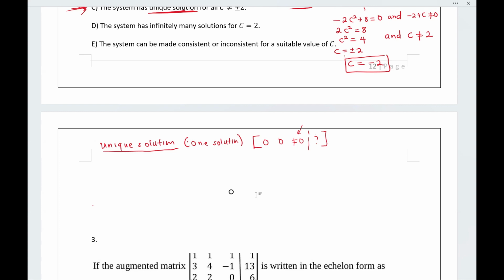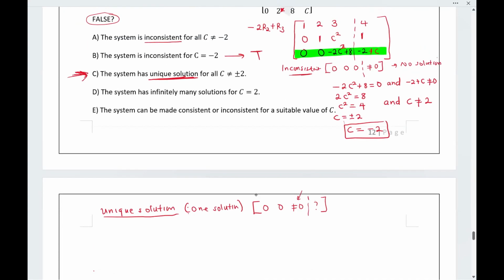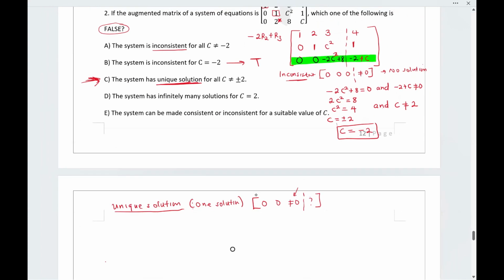So it means that you have to go back to our matrix. The echelon form is this one. So this is the row echelon form. So what is the element? This element here, which is minus 2c squared plus 8, should not be 0.